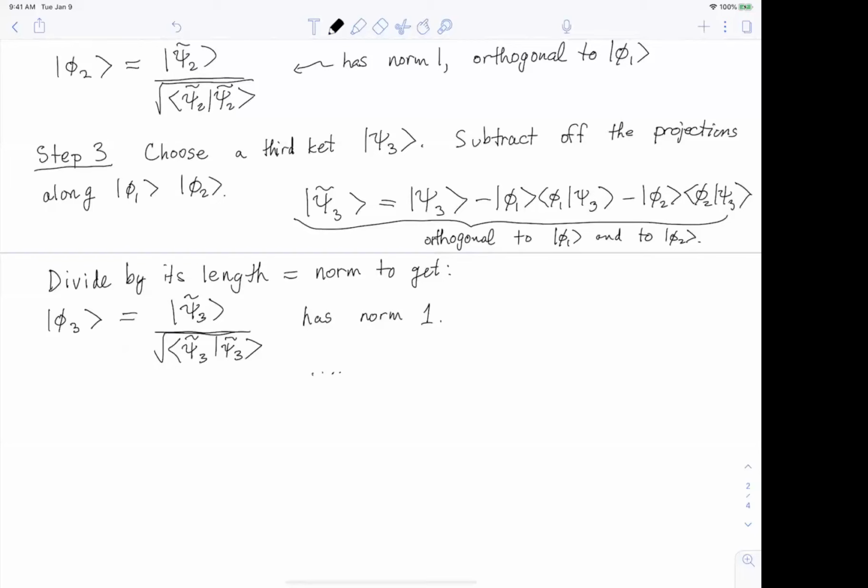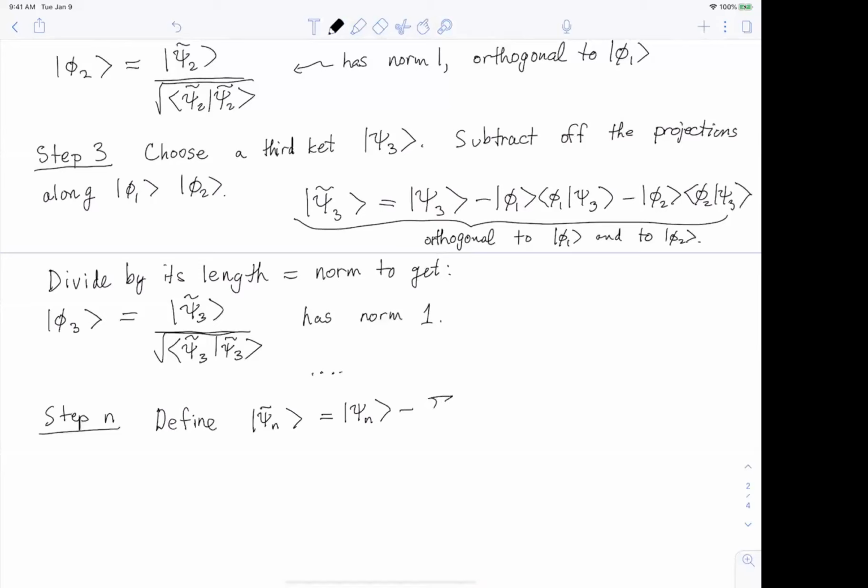Let me write down the general step. So this is step n, little n. Step little n is you take the nth vector of your original basis and you define its tilde by taking it and subtracting off its projections along all the previous orthonormal basis vectors that you've constructed.